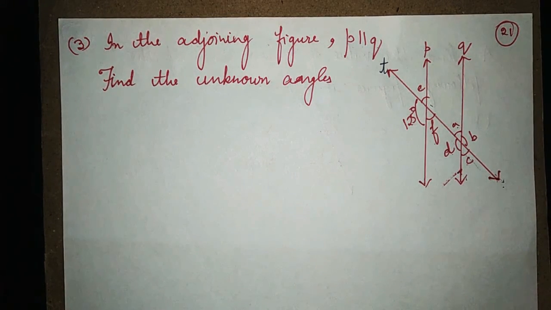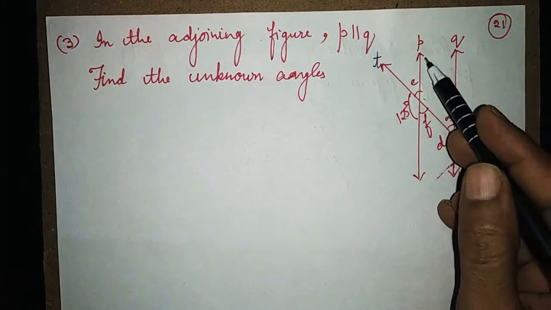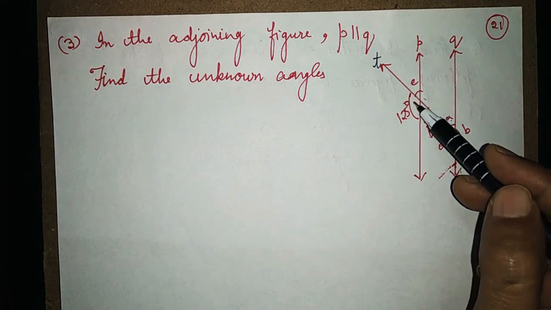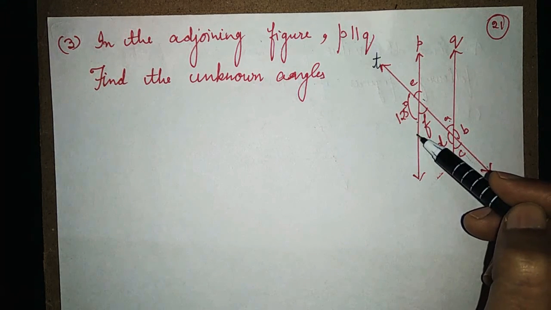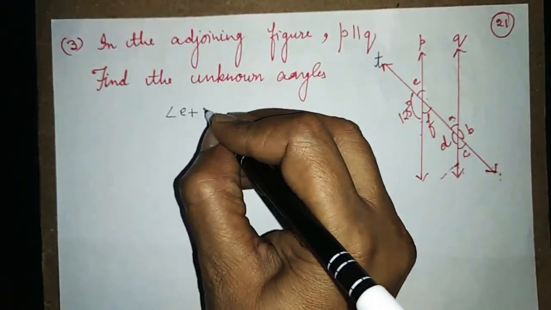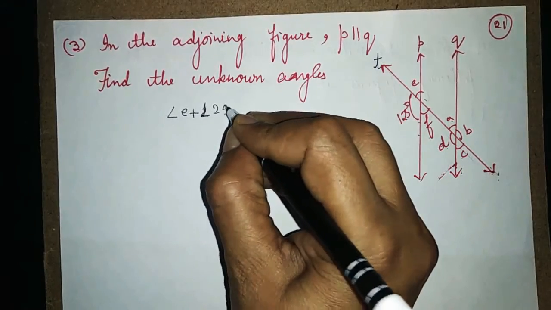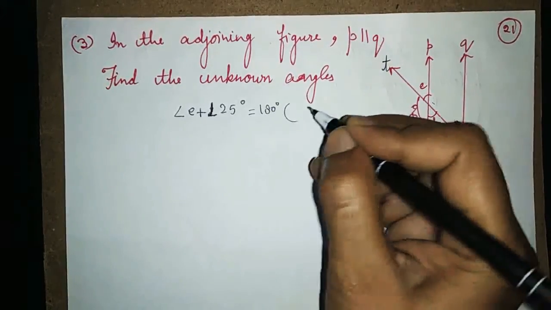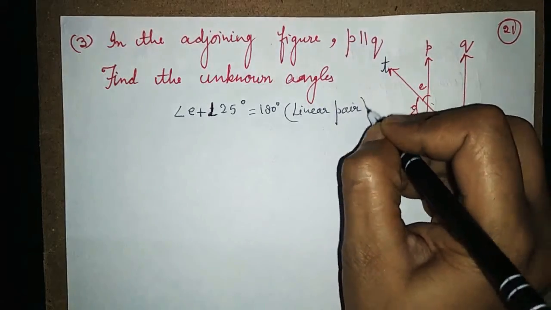First we will find the measure of angle E. You know why? Because here P is a straight line, and on this straight line angle E and the 125 degree angle are forming a linear pair. So for this you will write angle E plus angle 125 degree is equal to 180 degree, and in brackets you will write linear pair.